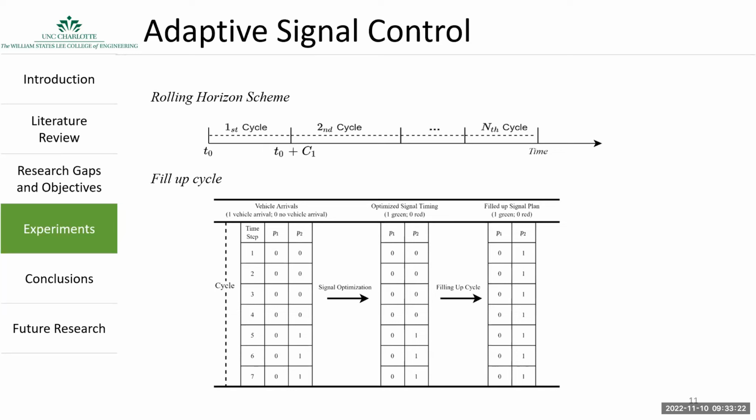So when the signal detects there is only one vehicle in the cycle in the planning horizon, it will fill up the whole green for these vehicles to avoid the frequent signal switch.